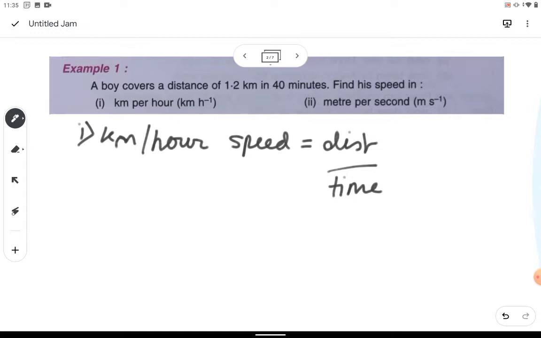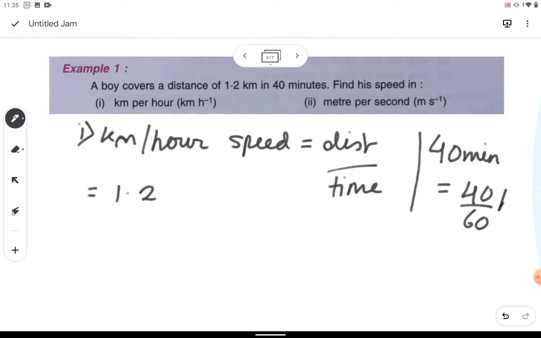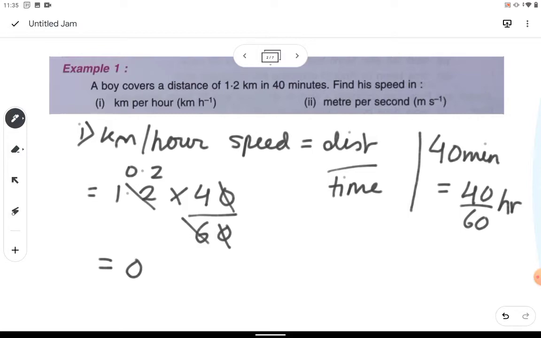Here distance is 1.2 kilometer and time, 40 minutes, is equal to 40 by 60 hour, right? Because 1 hour has 60 minutes. 0 gets cancelled, this is 0.2, that becomes 0.8 kilometer per hour, right? This is the first answer.